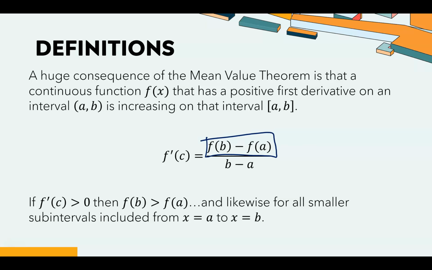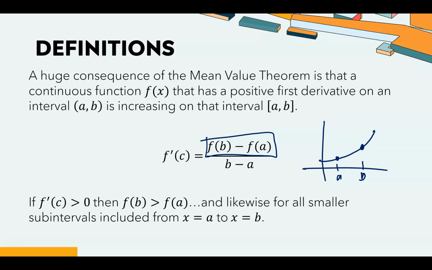And so if that first derivative is positive, then f of b is larger than f of a. The y value at the right-hand endpoint is going to be larger than the y value at the left-hand endpoint.